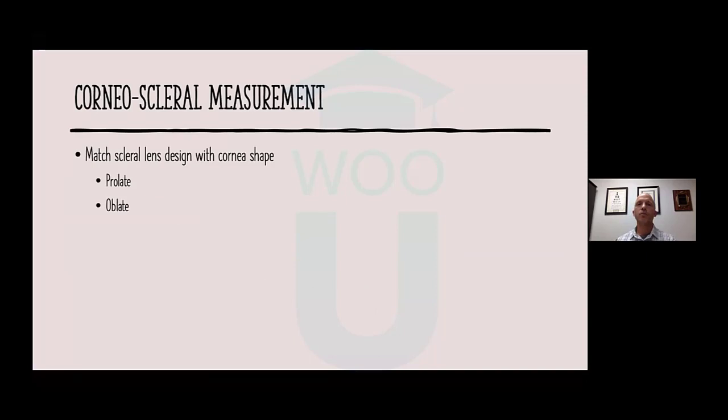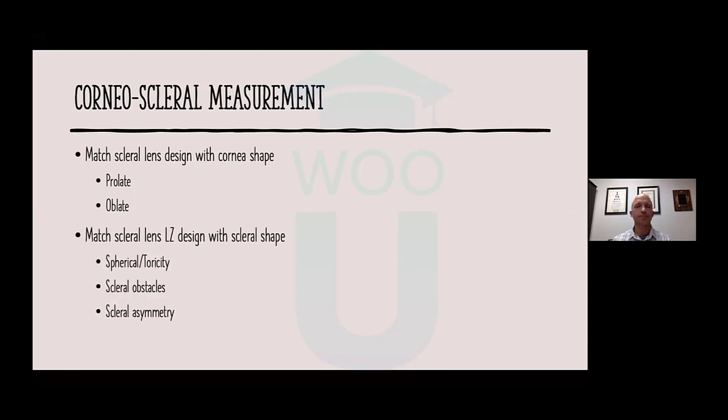And when we're using these measurements, we're able to, number one, match our scleral lens design with corneal shape. So we can assess the cornea and first decide whether we're going to use a prolate type of scleral lens design or potentially an oblate lens design.